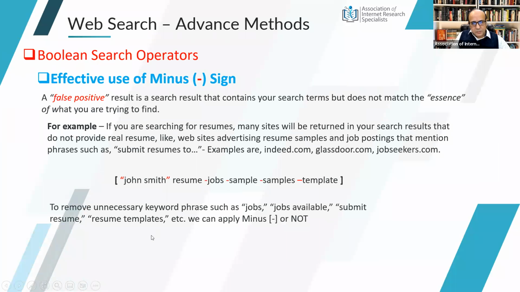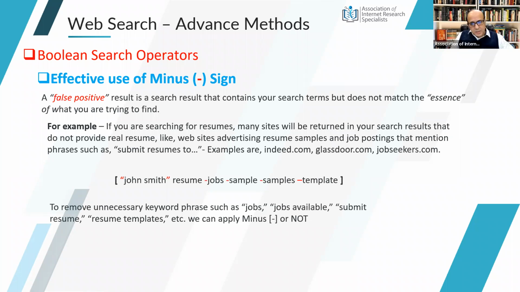And the usefulness of a minus sign is exhibited best when you are dealing with a situation we call false positive, which means that the phrasing or the way in which you've written the line, or whatever the search terms might be, are correct, or are actually written in proper English.